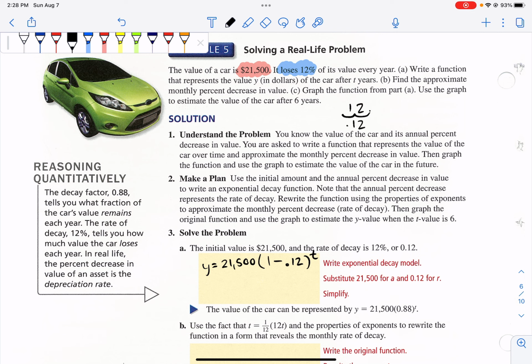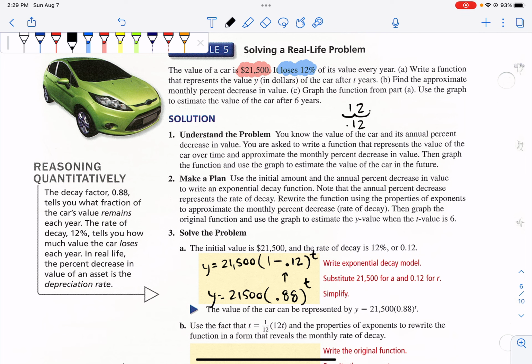Don't worry about simplifying, but the number on the inside we could simplify. 21,500 on the outside, 1 minus 0.12 becomes 0.88 raised to the t. What that means is every year, my value is going down 12%, so my new value is only 88%. That's what it means to do 1 minus 0.12.